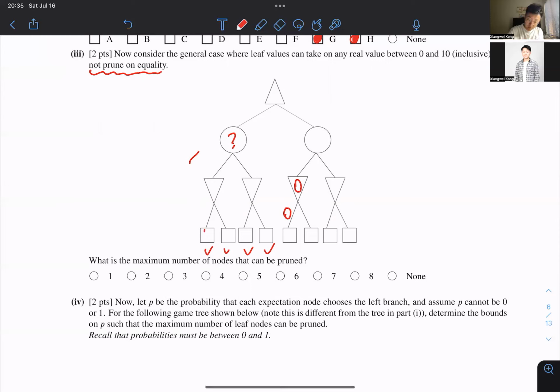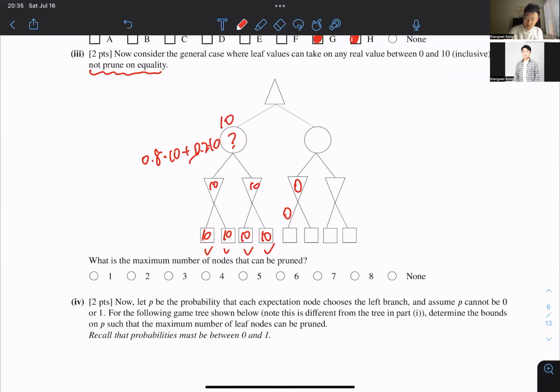So why not give all of them the value 10? So we have the maximum value 10. This node will be 0.8 times 10 plus 0.2 times 10. It will be 10.